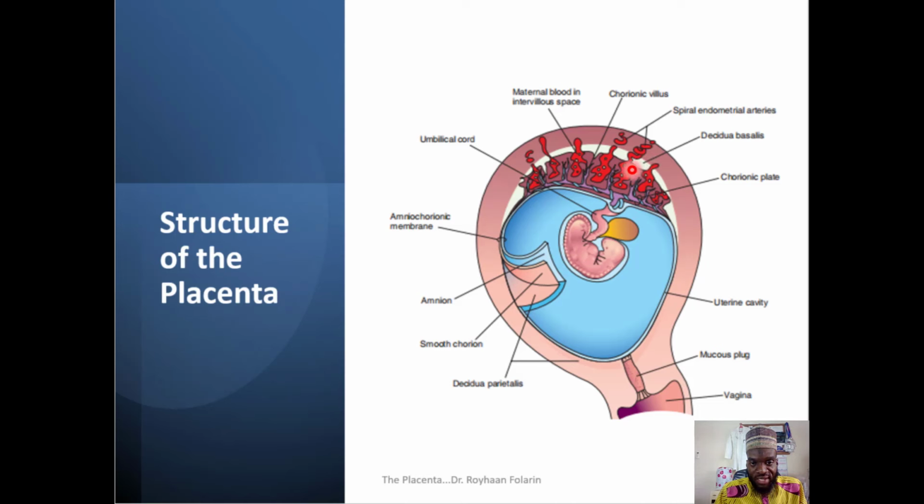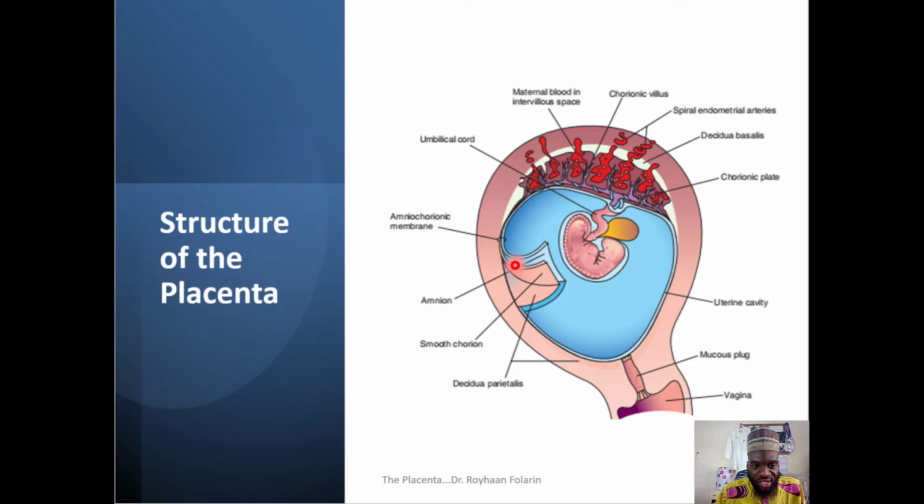So the decidua basalis is right here. You begin to see the spiral endometrial arteries. Now the chorionic villi right here, and then you have the maternal blood within the intervillous space. So importantly here we are emphasizing the amnion and the smooth chorion.